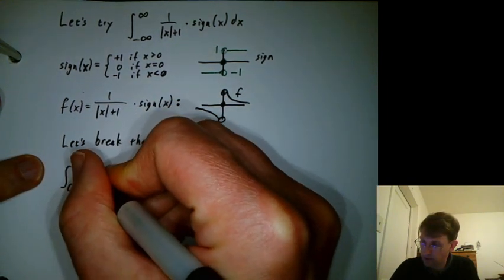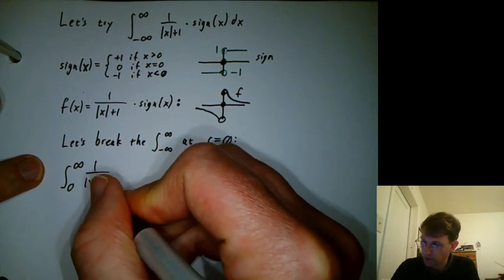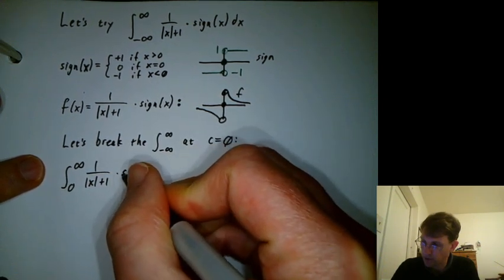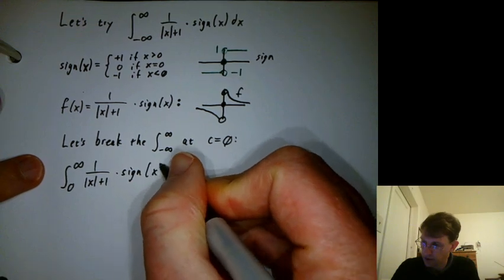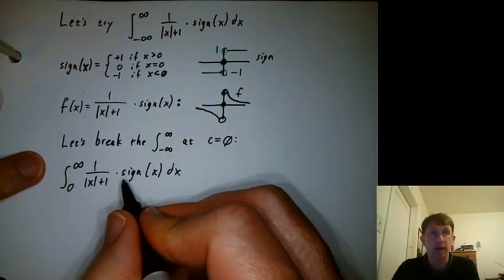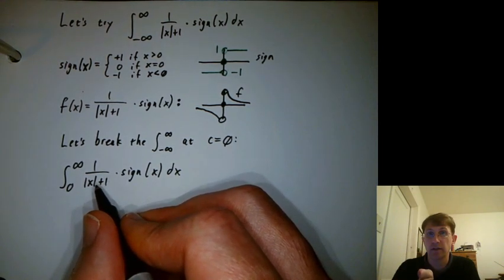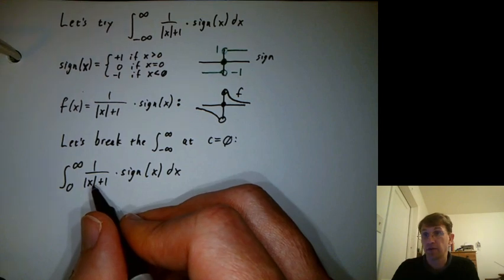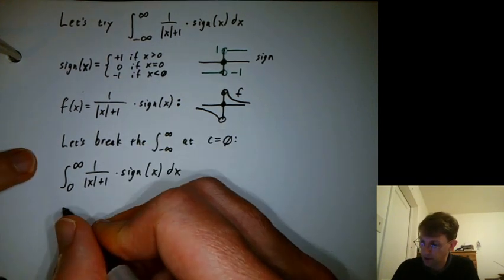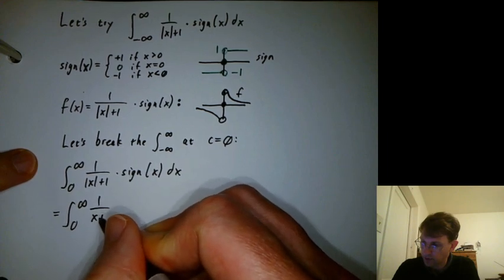So the integral from 0 to infinity, just the right part here, 1 over absolute x plus 1 times sign x dx. So we know here that x is not negative. So if x is not negative, we can drop the absolute value. So we can say 0 to infinity, 1 over x plus 1.